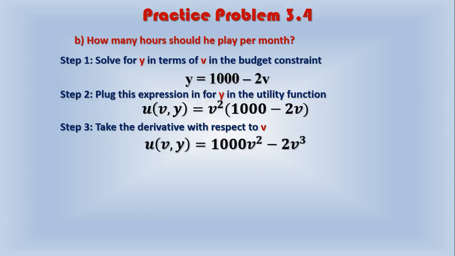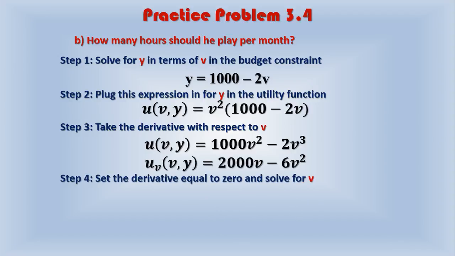So taking the derivative with respect to v, we can do it a couple of ways. We can combine it or we can do the product rule, but I combined it to simplify it. So we have 1,000 v squared minus 2v cubed. And now I'm going to take the derivative. So we've got 2,000 v minus 6v squared. Set that equal to 0 and solve for v.